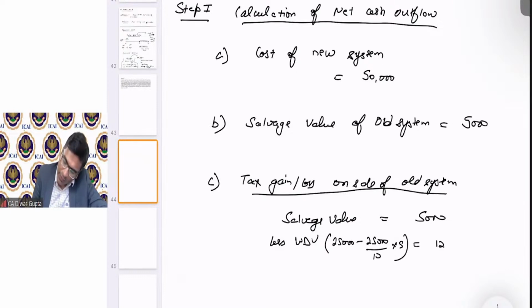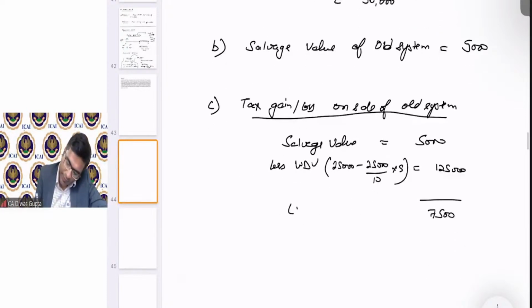So this was 12,500. So the WDV was 12,500. Sold at 5,000. So there is a loss of 7,500. Loss on sale will be this much.